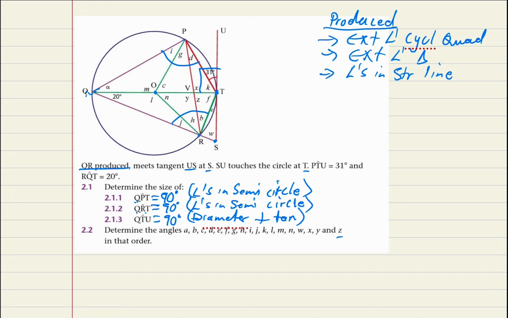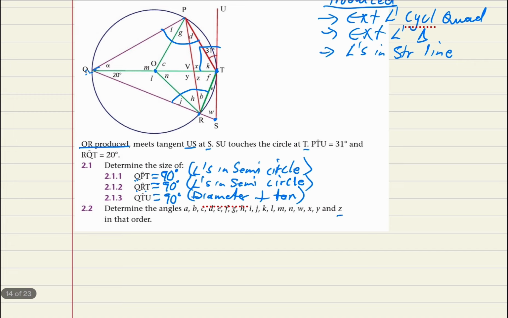It's quite many of them. But we can do so. We can say K is equal to 90 degrees minus 31, which will give us 59 degrees.